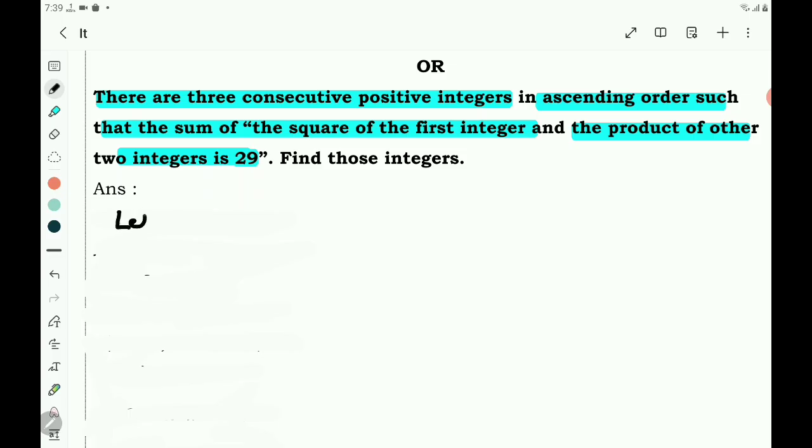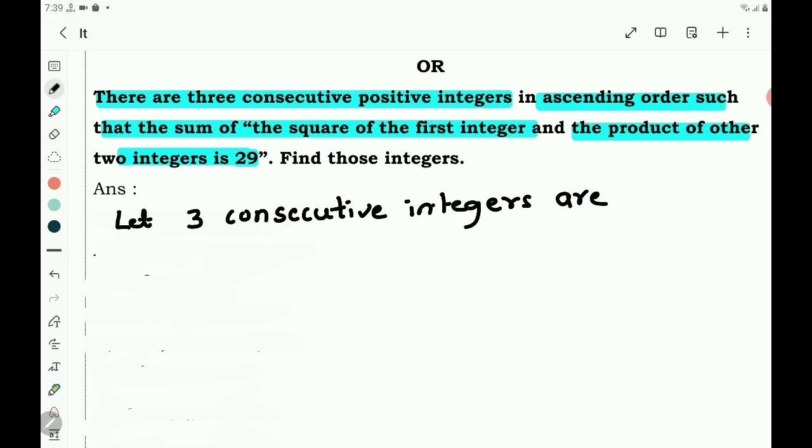Let the 3 consecutive integers be x, x plus 1, x plus 2. Then what is given?